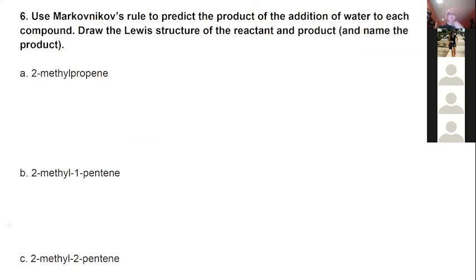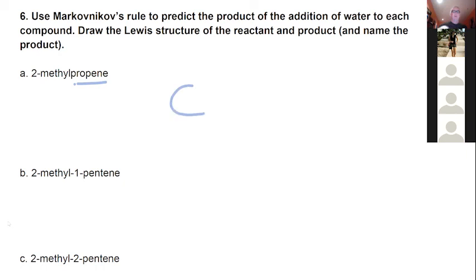All right, so now we get to use Markovnikov's rule because we're going to have unequal substituents on either side. So propene, how many carbons is that? 3, right.